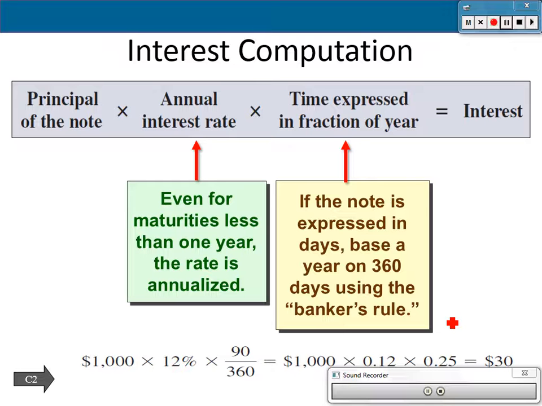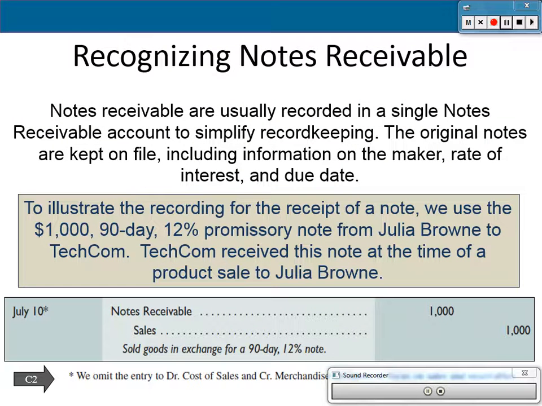You have to calculate interest for every year. You can't just wait, and I'll show you an example for that. But 1,000 times 12% times 90 days over 360 means that they have accumulated $30 worth of interest. So when they pay it back, they're going to pay back the $1,000 plus the 30. So this is showing when the note was put in place.